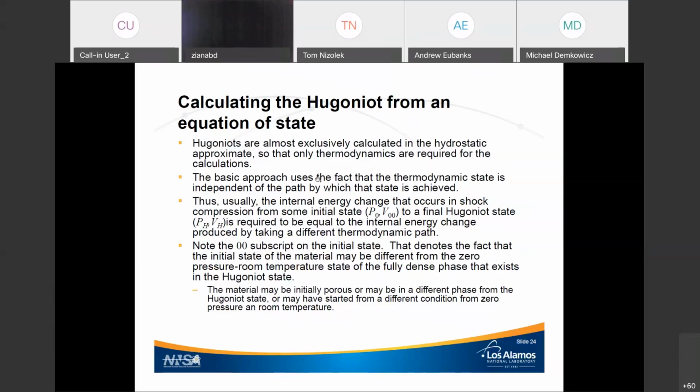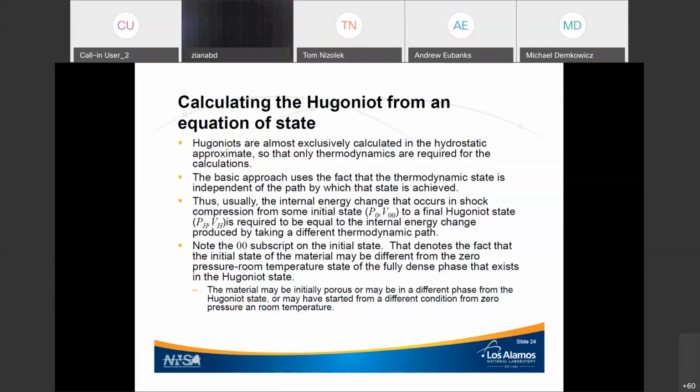The basic approach that's used when we calculate the Hugoniot is the fact that the thermodynamic state of a material is independent of the path by which that state's achieved, which means we can take one path to some thermodynamic state, and we can take a totally different and possibly quite convoluted path to that same state. But once we're at that state, we're at it. It doesn't care how we got there.